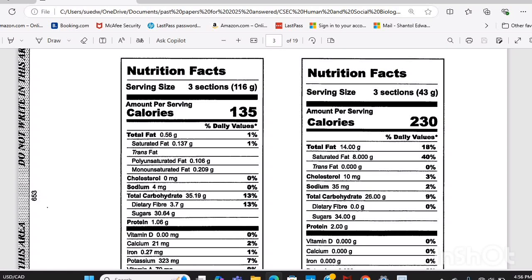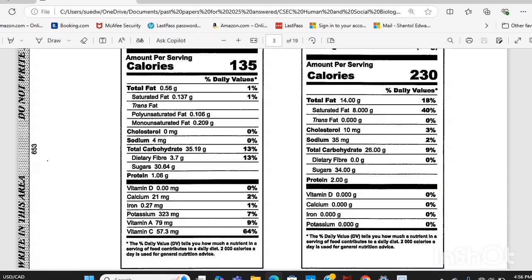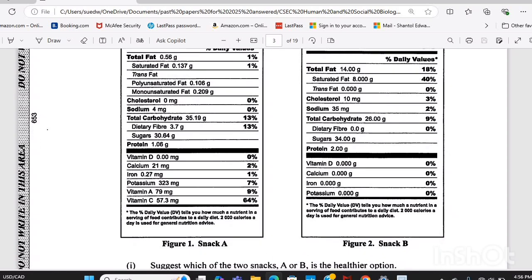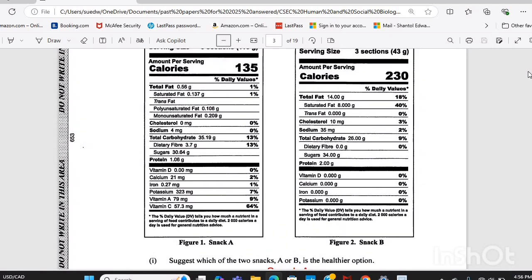We are already seeing some values where we can say this one has more calories than the other. We're looking at the total fat, saturated fat, sodium, cholesterol, trans fat, carbohydrate, protein, and some vitamins and minerals: vitamin D, calcium, iron, potassium, vitamin A, and vitamin C. Now, the first one is Figure 1 for snack A, and Figure 2 for snack B.